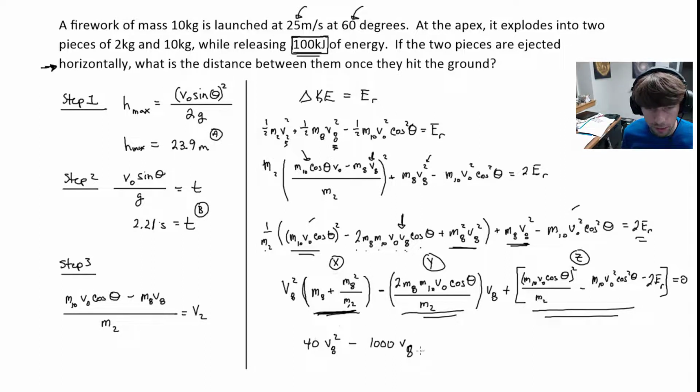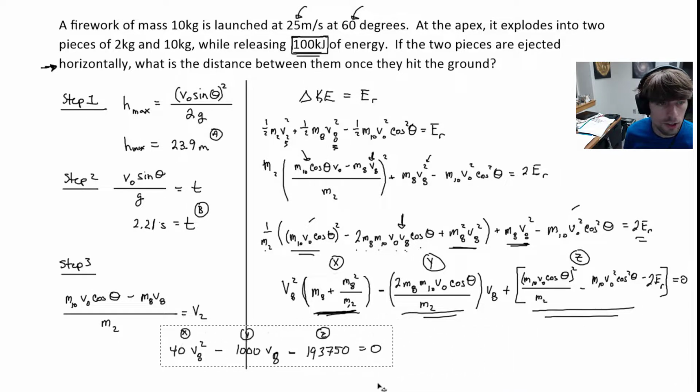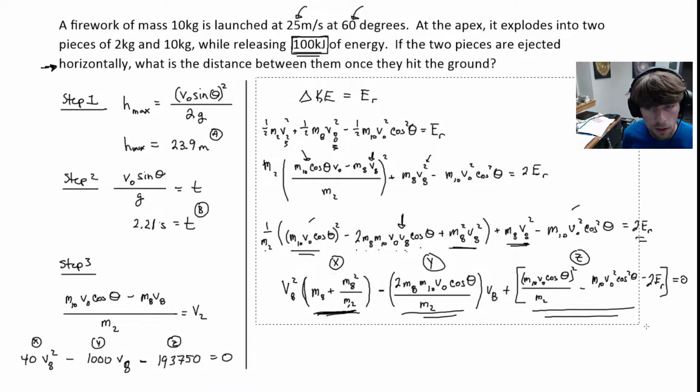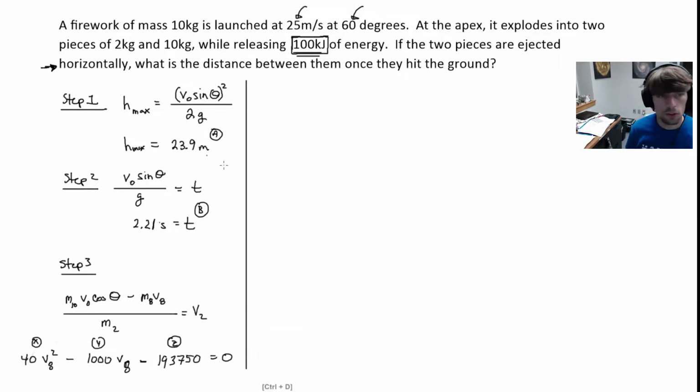So even though these look like garbage, I still end up with a nice round number of minus 19,3750 equals 0. So again, I'll call this value x, this value y, and this one z. Of course, too bad I can't use A, B, and C because I already used A and B earlier. So there's our quadratic equation that we needed in order to solve.